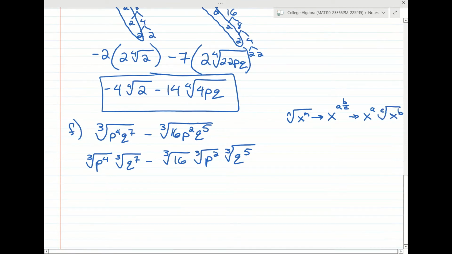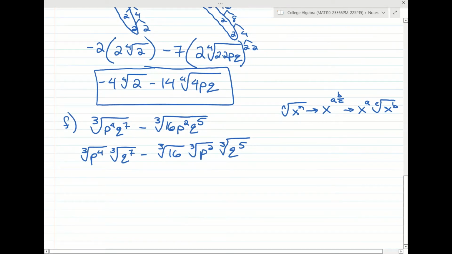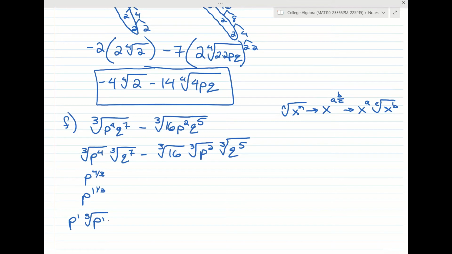I know sometimes the formula could be a little tricky, but if you take a look at the cubed root of p to the fourth, we could write this as p to the 4/3, which is the same thing as 1 and 1/3, or p to the first times the cubed root of p to the first. You could have also written p 4 times, circled the group, and then written 1 left over. You would have wound up with the same answer.